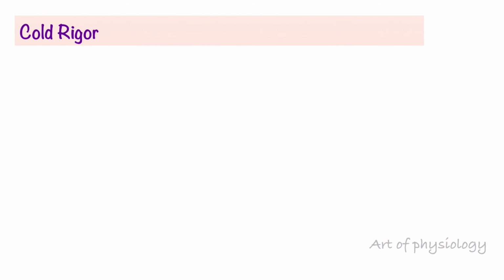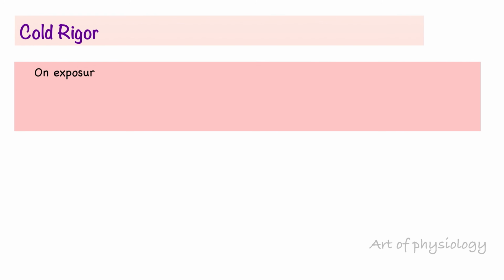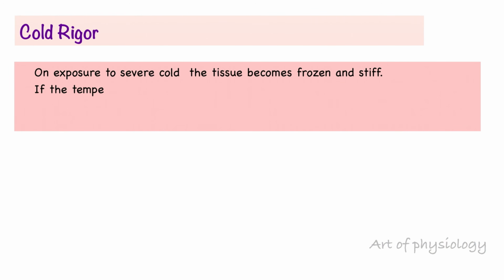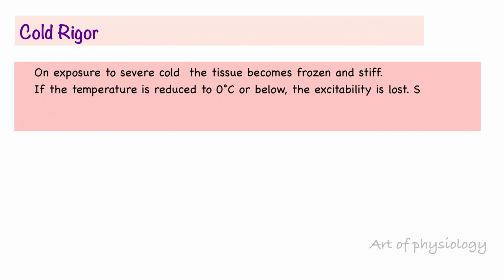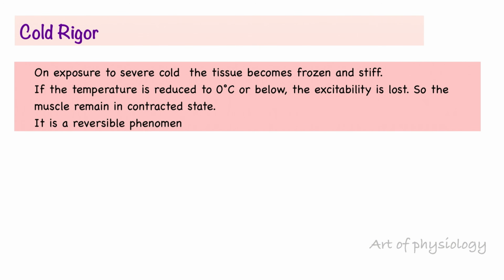What is cold rigor? The rigor, or stiffness, or permanent contraction of the muscle is happening because of cold temperature. On exposure to severe cold, if the temperature is reduced to 0 degrees Celsius or below, the tissue and the muscles become frozen and stiff, the excitability of the muscle fiber will be lost, and the muscle will remain in a contracted state.